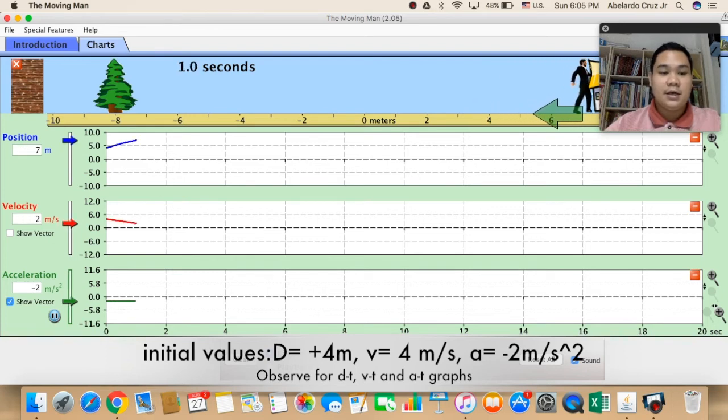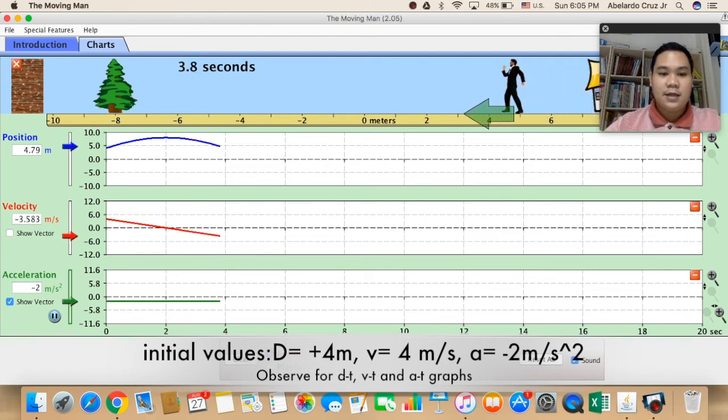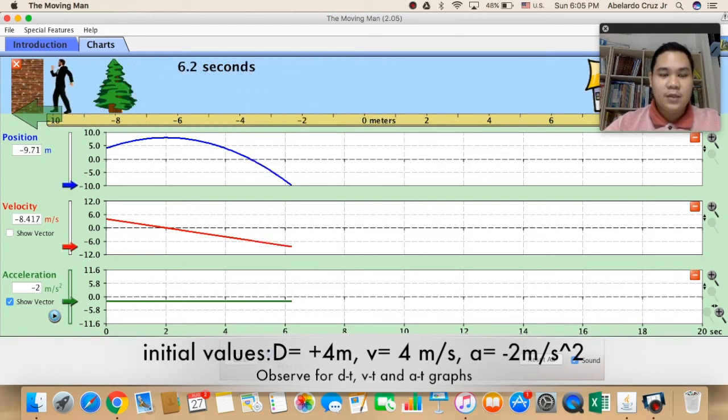So initially, the man is going to the right, and then he slows down, and then afterward is now going to the left direction. But what can we observe with the graph in the position time graph?